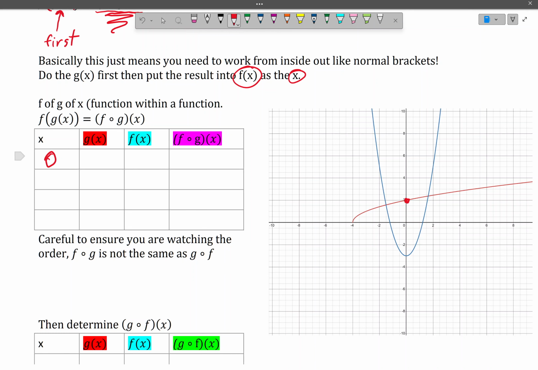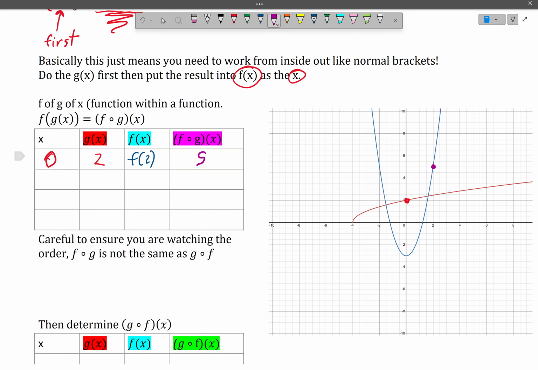And what value for g of x do we get? We get the 2. And so based off of that 2, we can then plug that into our f of x function. So this is really f of 2 is what we're looking at. And so the result would be where 2 is for the f function. So it's going to be up here, which is at 5.